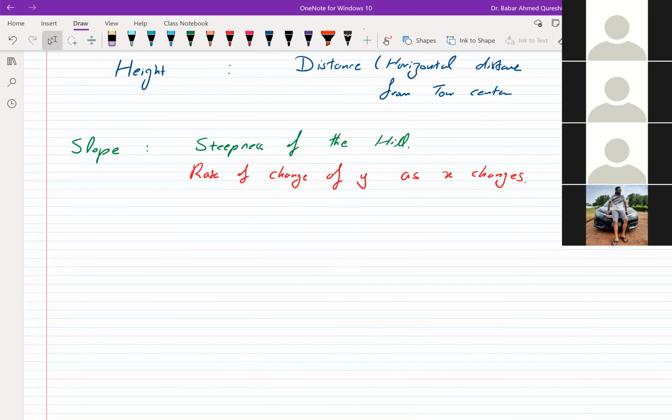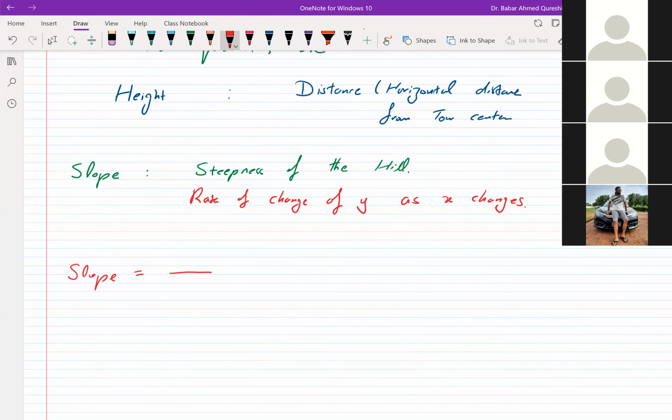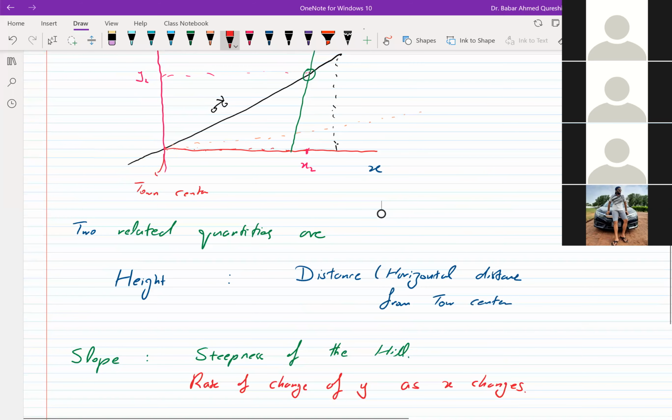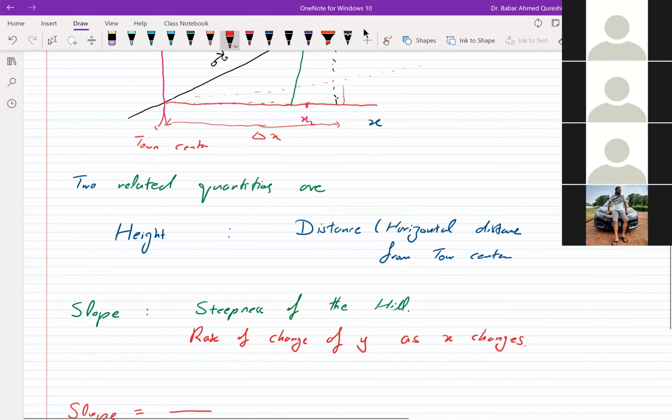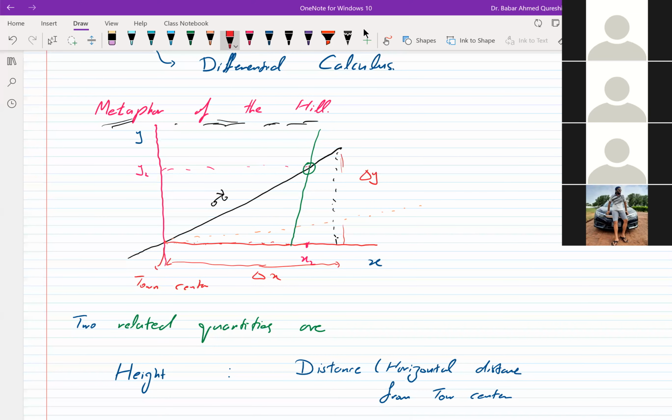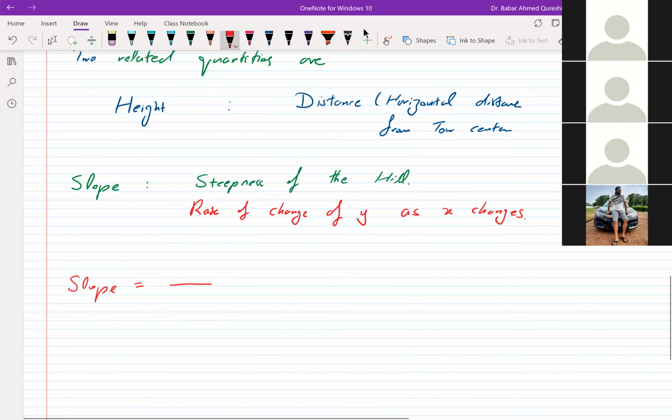So that's why to define the slope, you need a certain horizontal distance. You have to cover a certain horizontal distance. If you knew about this whole length of this hill, let's call it delta x, and this whole length of height of the hill, delta y, then you can make this ratio and call it the slope.